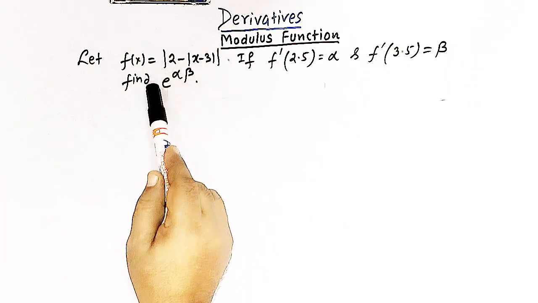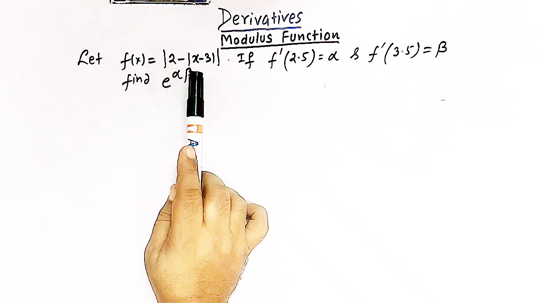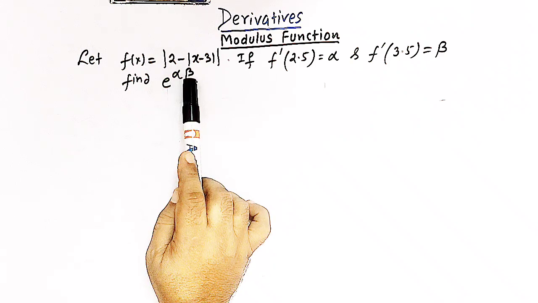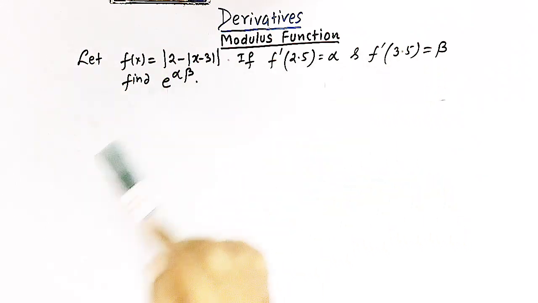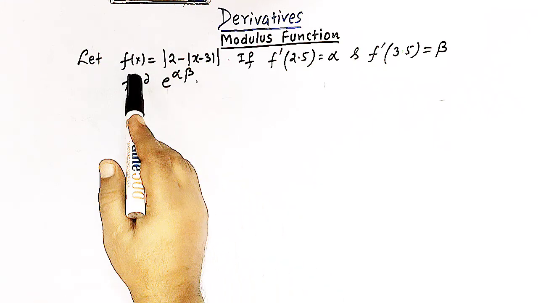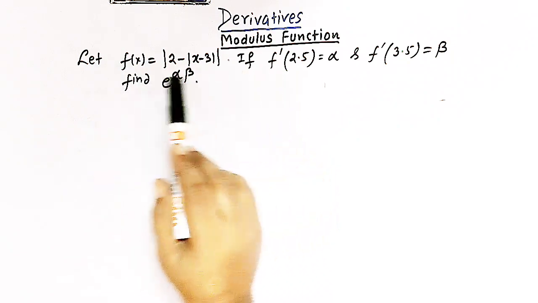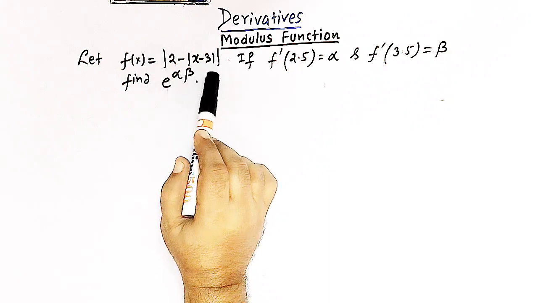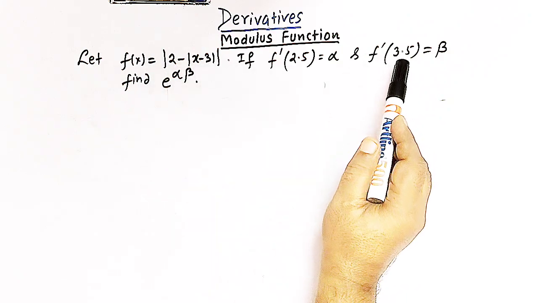So in order to find out the value of this expression e raised to alpha times beta, we need to know the value of alpha and beta. So we'll discuss this problem in this session, how we can find out the derivative of this function f of x, which consists of two mod functions at these two points.